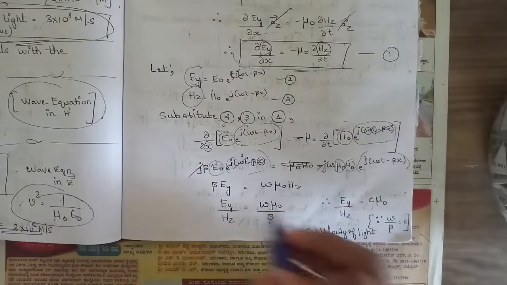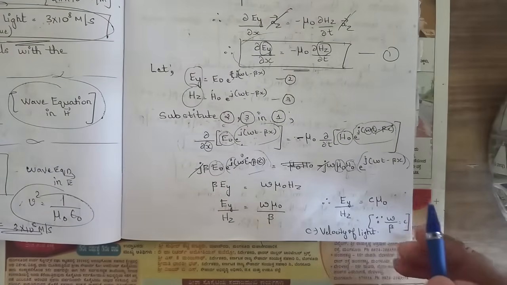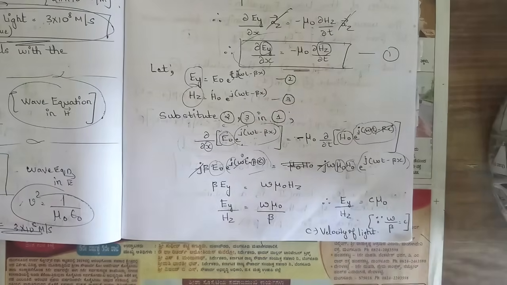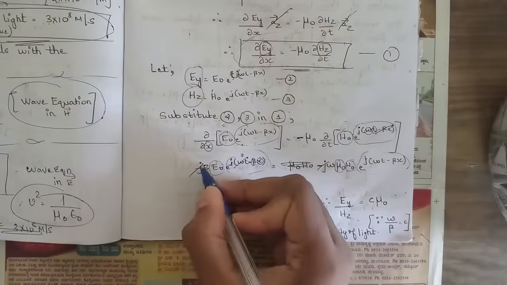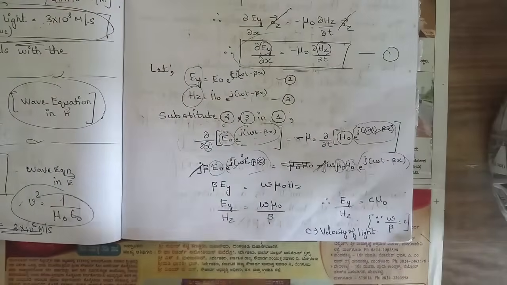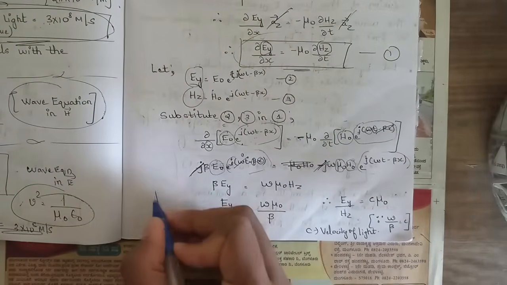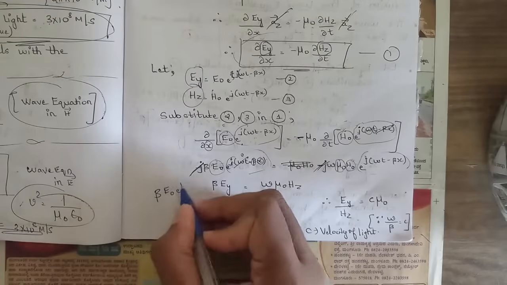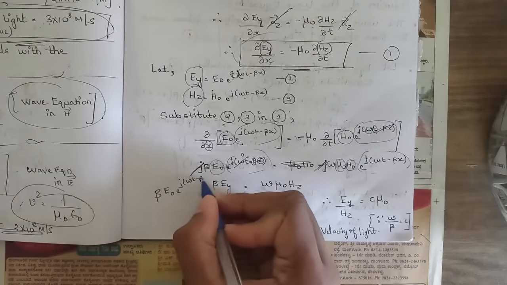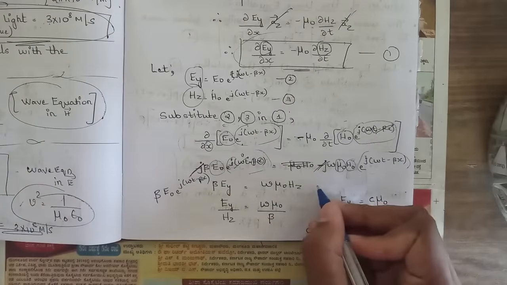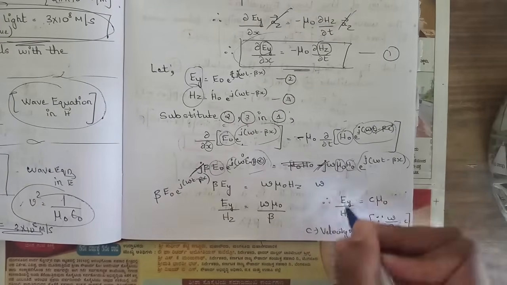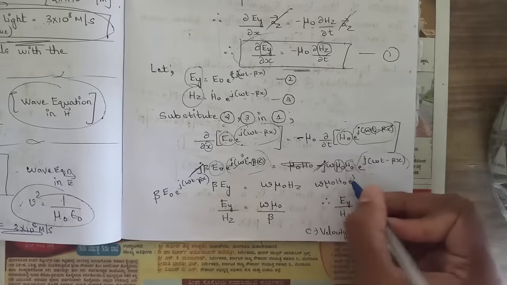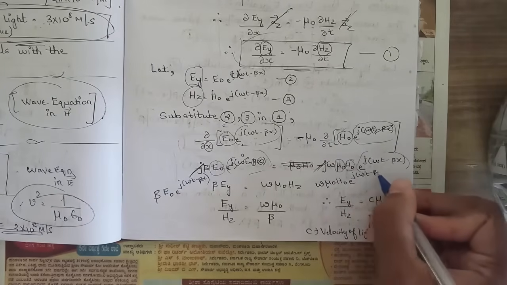So minus j beta and minus j omega, those two are complex terms, so we can cancel the minus j on both sides. Now we are left with beta into E naught e to the power j omega t minus beta x on this side, and on this side omega into mu naught H naught into e to the power j into omega t minus beta x.